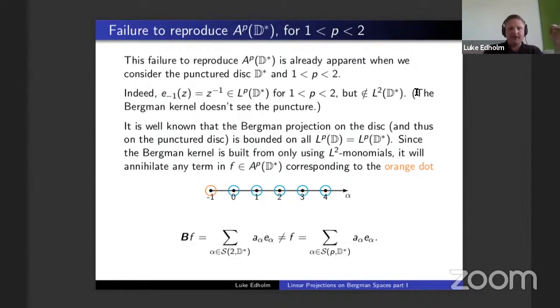The Bergman projection on the disk is built up from looking at L2 stuff, so it misses all the punctures.